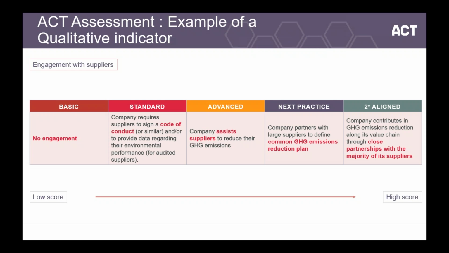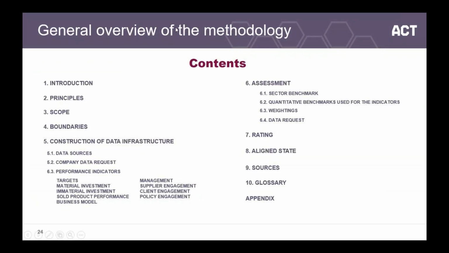So here is an example, and we apply this proposal of maturity matrix for a quite large number of indicators where we think that qualitative assessment is more relevant than quantitative assessment.